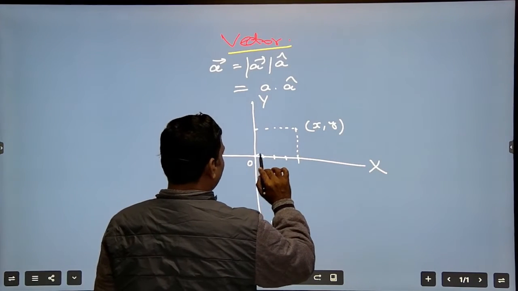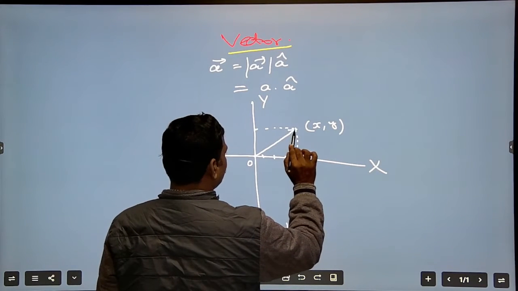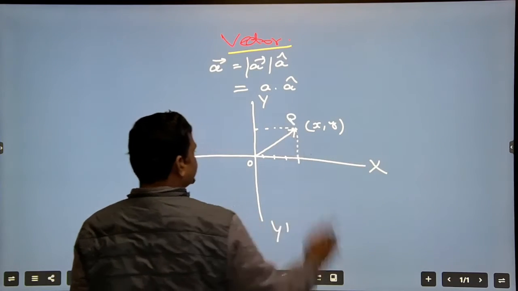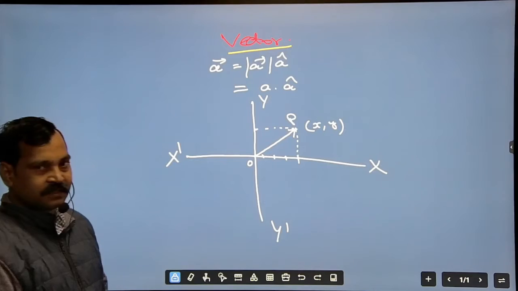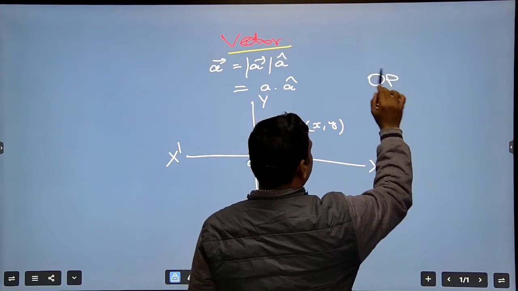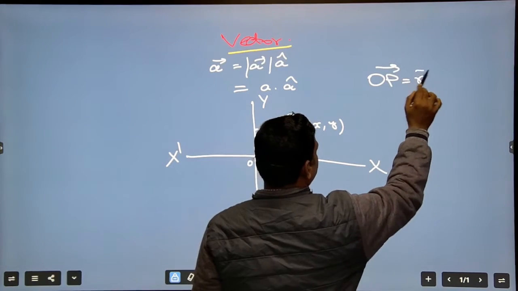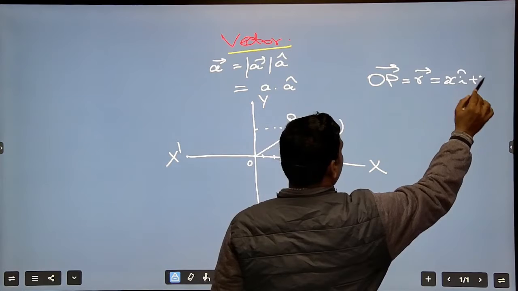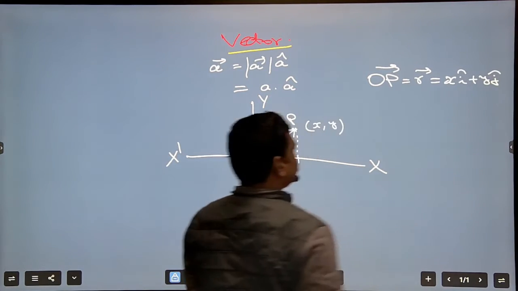If we draw this line, this will represent the vector. The vector which is directed from the origin is known as the position vector. We can write OP vector equals x i cap plus y j cap.